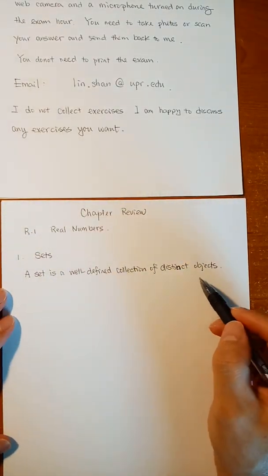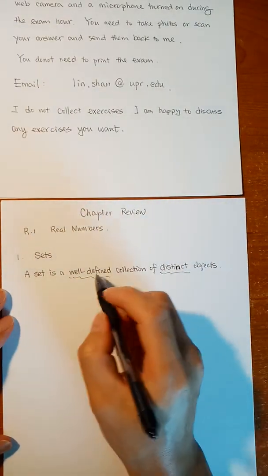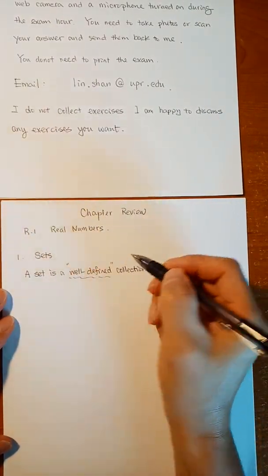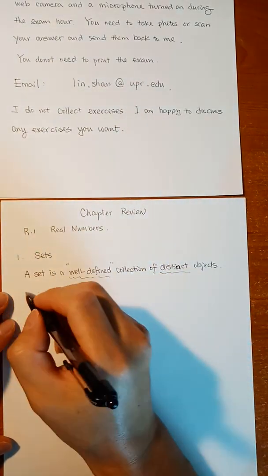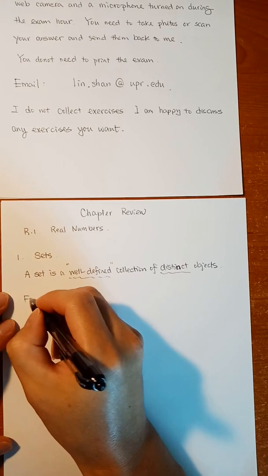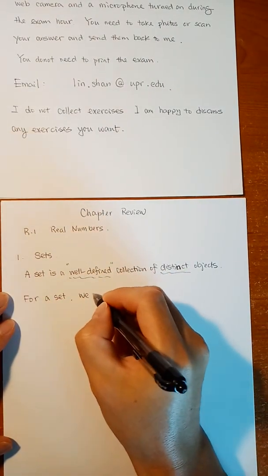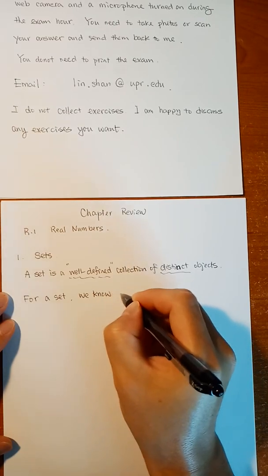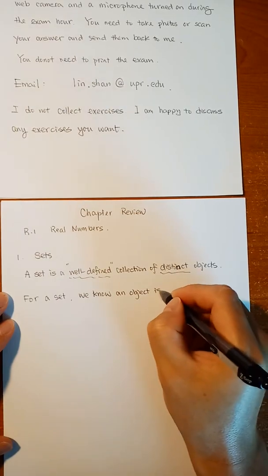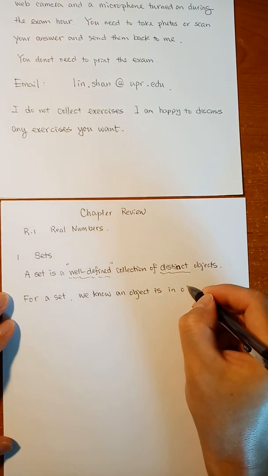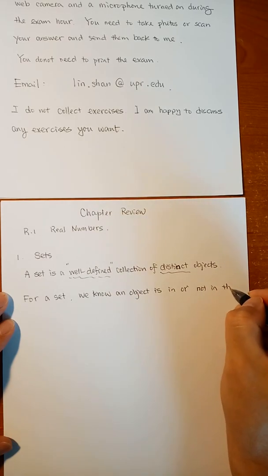In this definition, we have two important words. The first is well-defined. What does this mean? Well-defined means for a set, we know an object is in or not in this set.